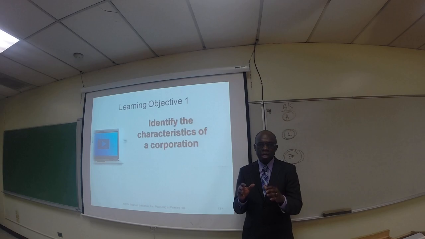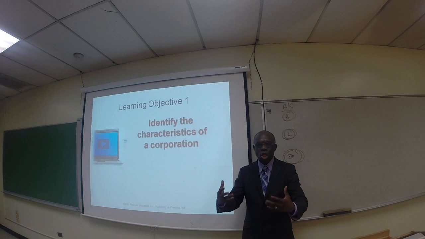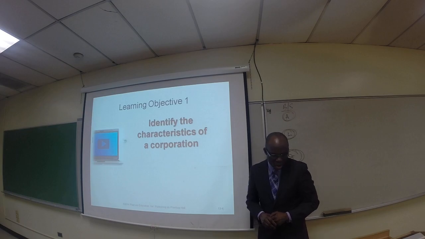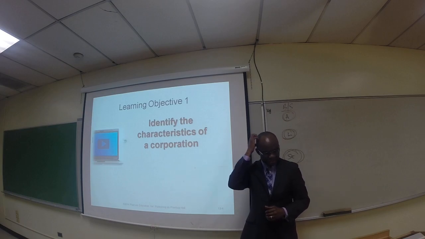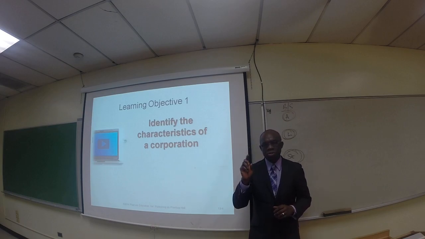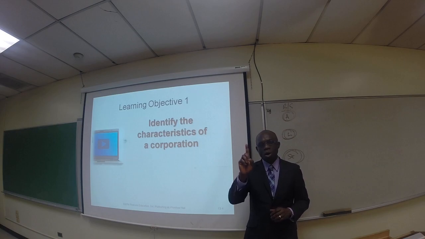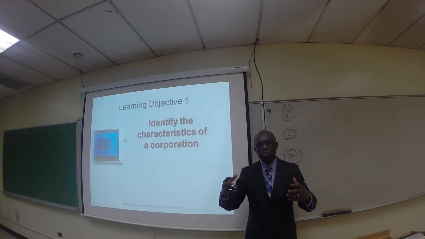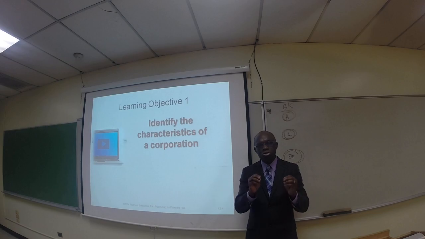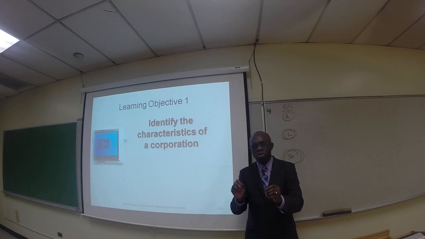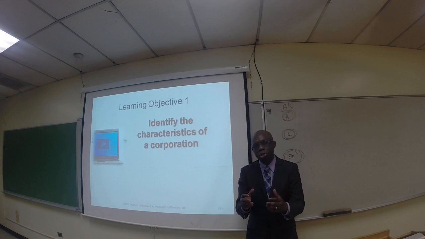So in this chapter, we are zeroing in on the third, which is the corporate type of business. That is a company that is set up as a corporation. We also said that it is possible that one individual owns 100% of a corporation, and that is usually applicable to closely held corporations, your mom and pop shops that are set up as a corporation.